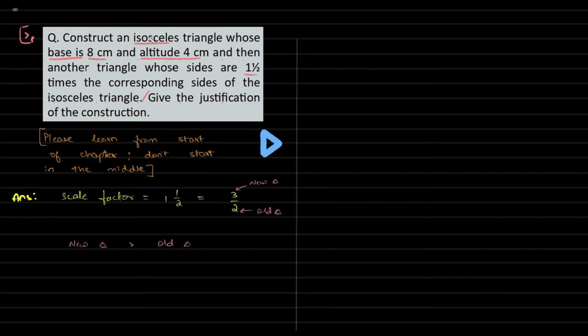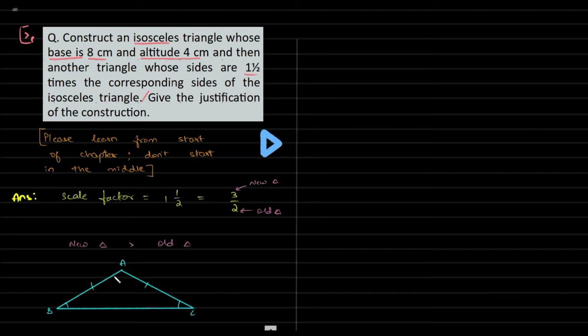Next thing is, we are talking about isosceles triangle. So what is the property of an isosceles triangle? A triangle is said to be an isosceles triangle if a pair of sides, there are 3 sides to a triangle, right? If a pair of sides are equal, or 2 angles are equal in the given triangle, then it's an isosceles triangle.